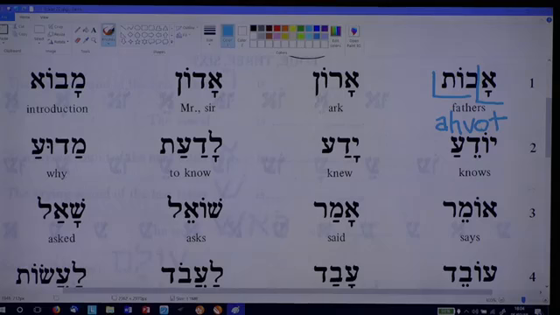Nope. Avot is a feminine word. So there. Why? Because somebody else did it ahead of us. And it's in the dictionary as a feminine word. That's that. Now, doesn't make any sense, but try English sometime.